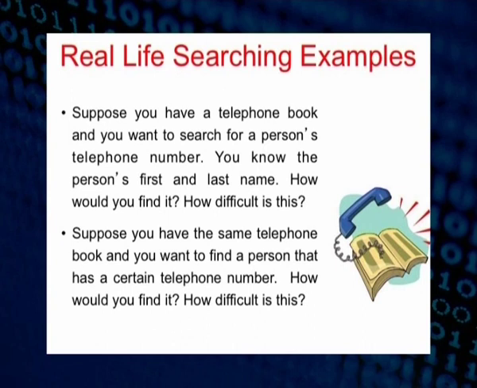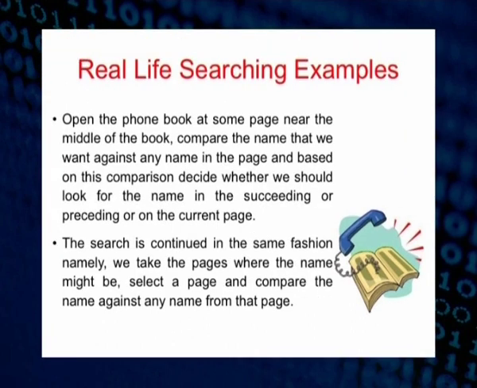How difficult is this? Well, in the first case, what we do is to open the phone book at some page near the middle of the book, compare the name that we want against any name in the page, and based on this comparison decide whether we should look for the name in the succeeding or preceding or on the current page.